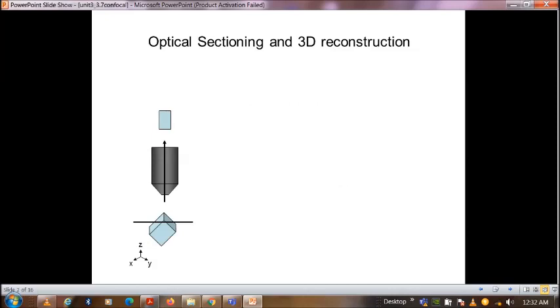So this is optical sectioning and 3D reconstruction. This confocal microscopy is optical sectioning and 3D reconstruction. A lens is used to image the device.